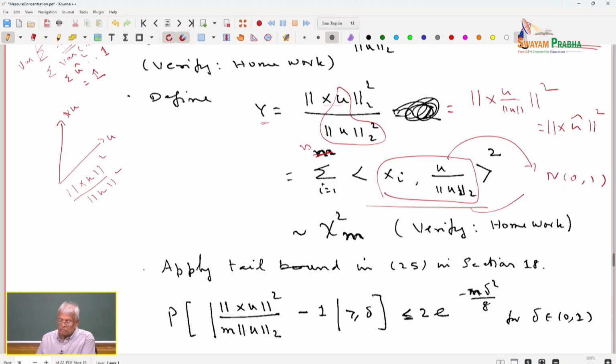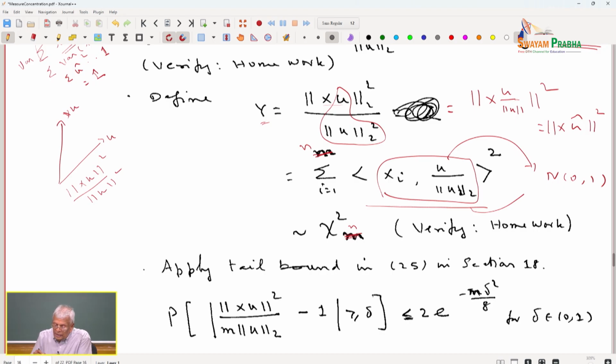I'm sorry, n must be equal to m. I can use anything, but I want to be consistent using n. So if there is an m, please change it to n without loss of generality, and there is no change between the argument using n and m.